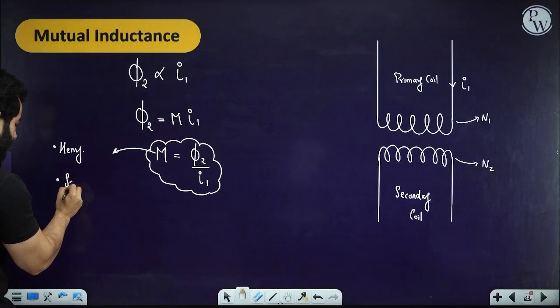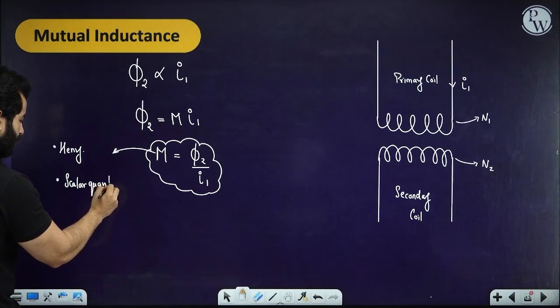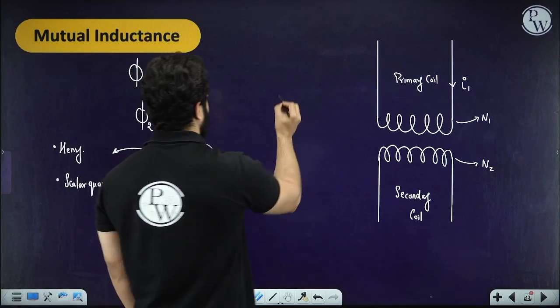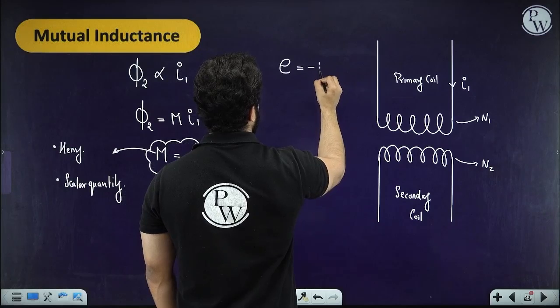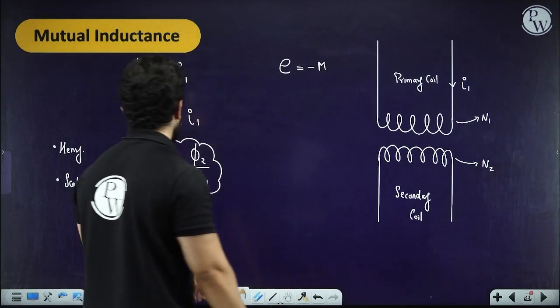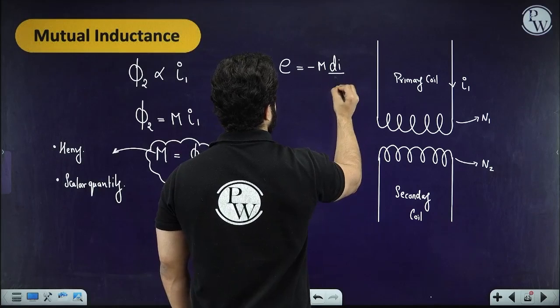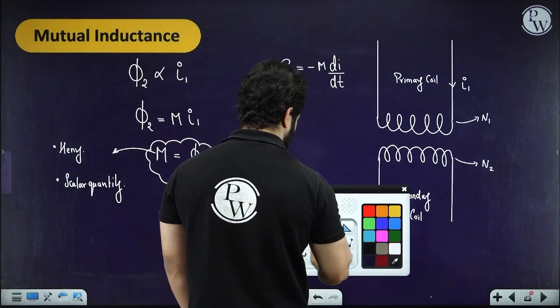This is also a scalar quantity, that means scalar as well as always positive, right? And if someone now tells you to find the induced EMF, you can find it by minus M di by dt. Is that clear? Minus M di by dt, you can also write it like this. So this is not very difficult.